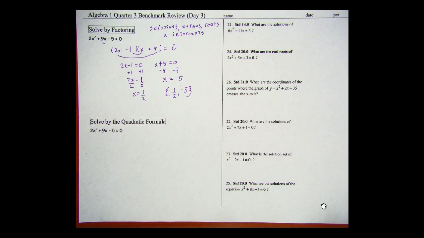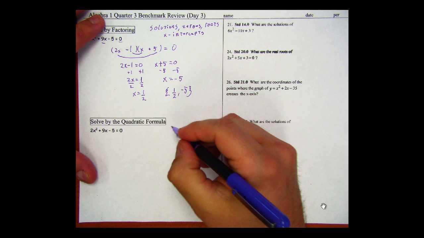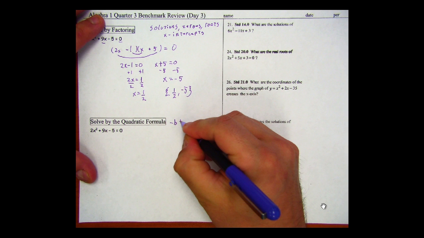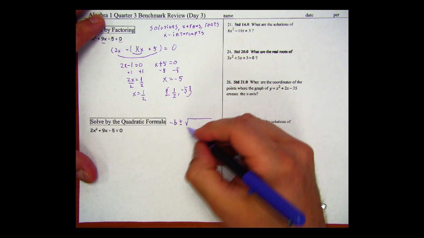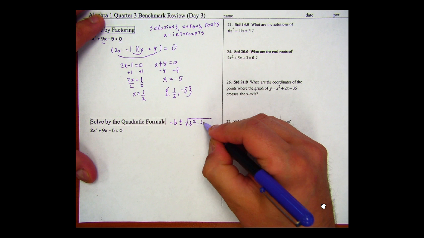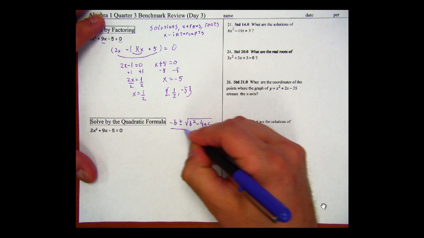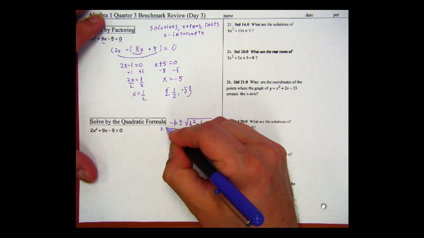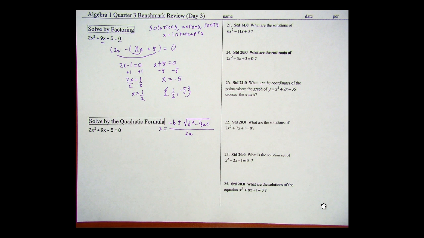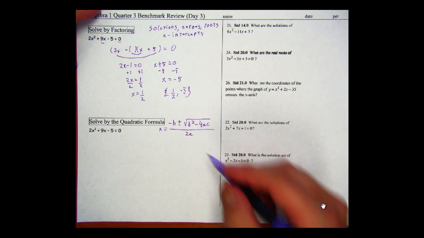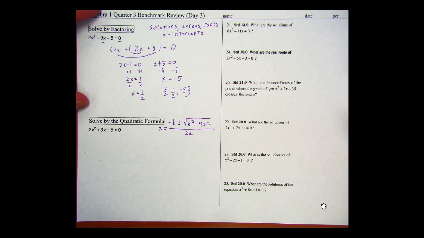Alright, so the next way to solve is by the quadratic formula. In the quadratic formula, you may have heard a song or some kind of story that would tell you what the formula is or how to remember the formula. That's fine. But specifically, it's this formula, and the A's, B's, and C's may be unfamiliar to you.